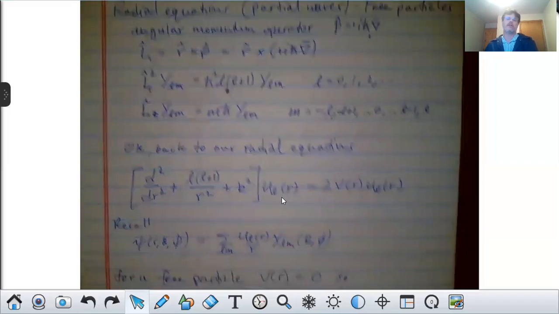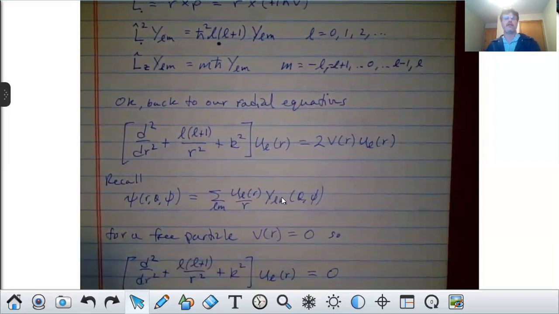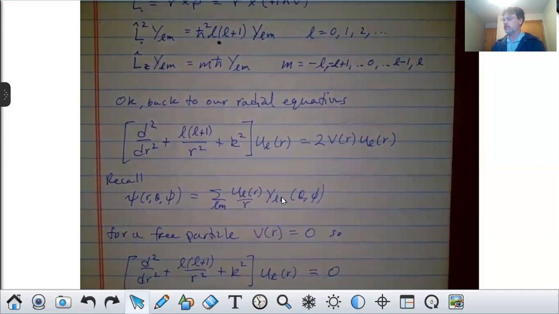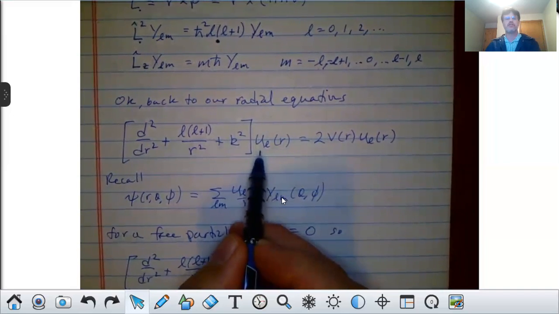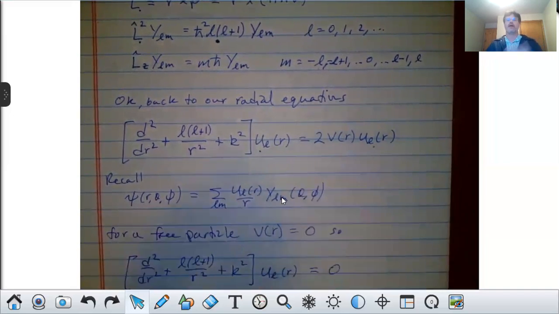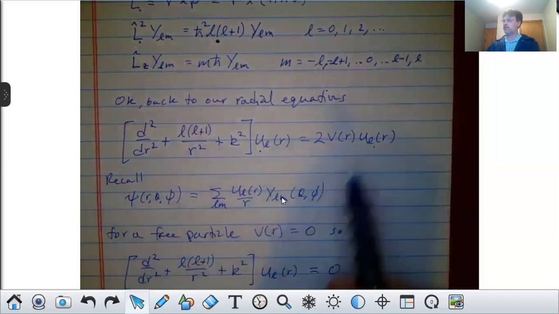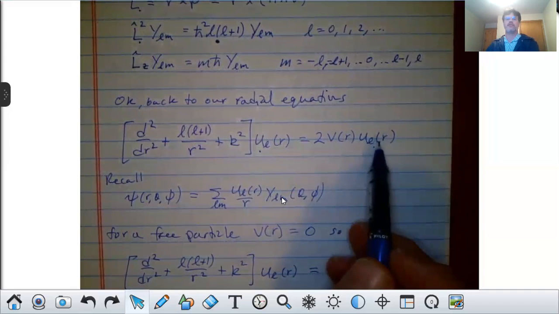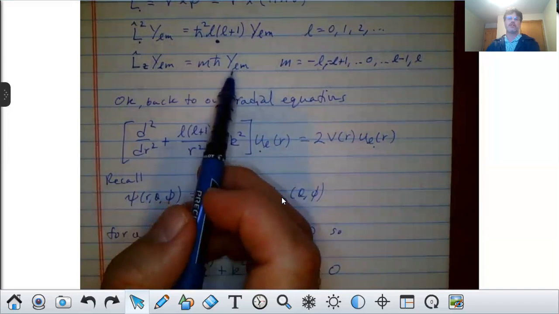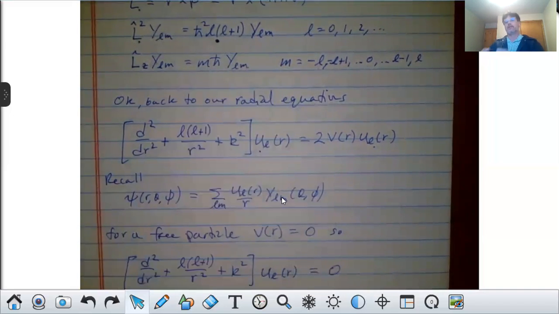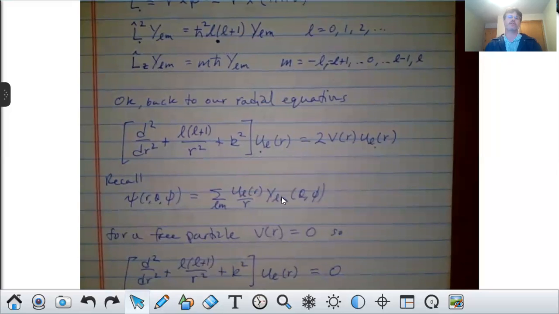So back to our matter at hand, we want to look at the radial equations for the radial functions U_L that we derived previously. Now remember, a general wave function can be written as a sum of these radial functions as coefficients of the spherical harmonics. So I've got a product of radial functions and angular functions, the spherical harmonics.